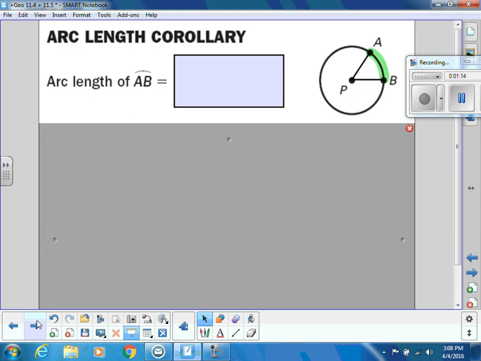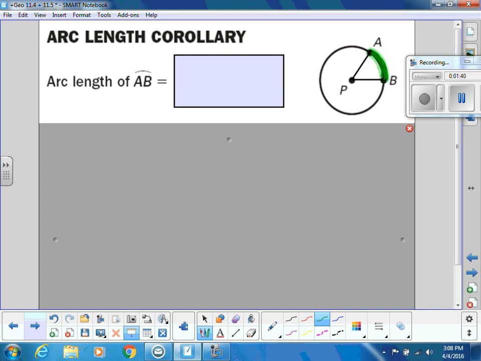So how does that relate to arc length? Well, since circumference is the distance around the circle, for an arc we're only going partial way around the circle, so for our formula we're going to use a partial circumference. So the key there is, how much of a circumference are we going to use?